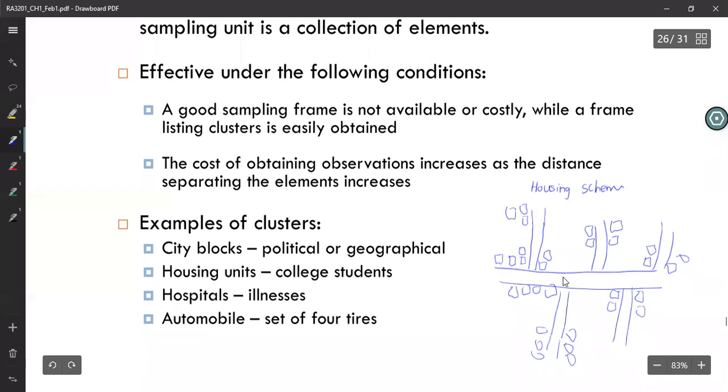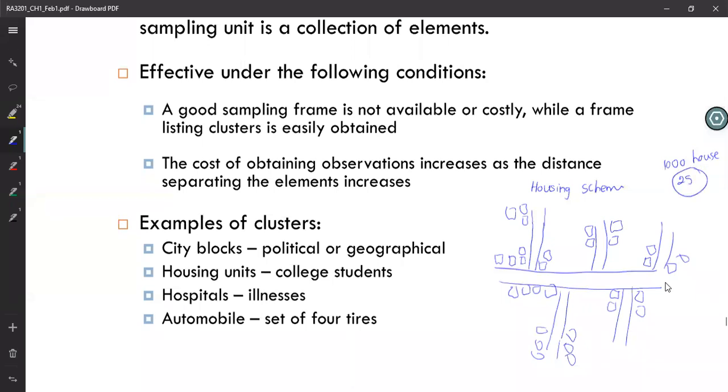So you want to go from house to house and ask this question, right? Suppose this housing scheme is very big and there are about 1,000 households, 1,000 houses. So it is not possible for you to go into each and every one of the 1,000 houses and ask this question. Sometimes they are not available, the time is not good, and it will take a lot of time to go there. So what you are going to do is select only, let's say, 25 houses, okay?